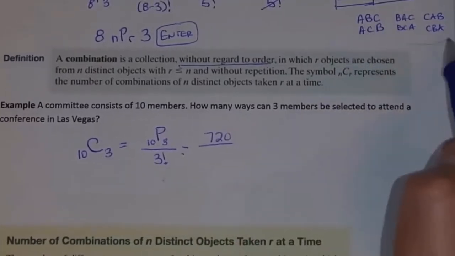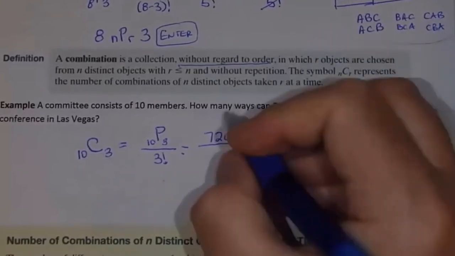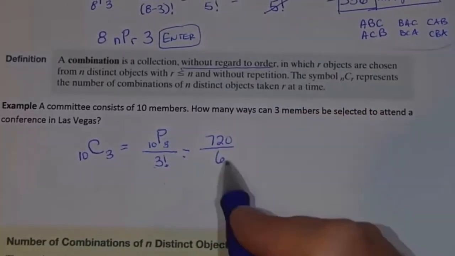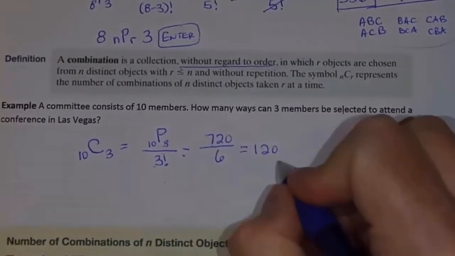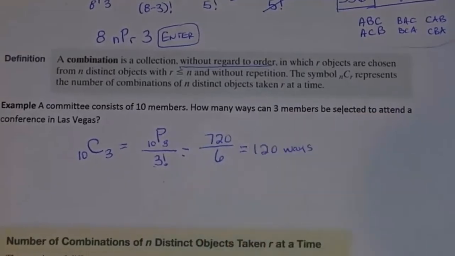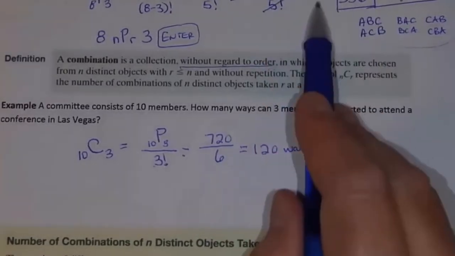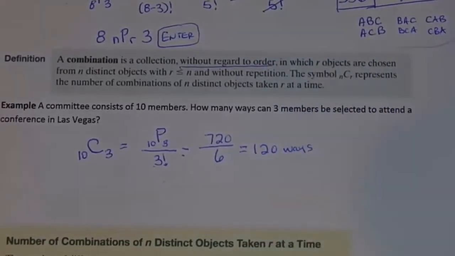These 6 outcomes are all really the same result. So 3 factorial means 3 times 2 times 1, that's 6. If I take 720 and divide by 6, that's 120. There are 120 ways that 3 people could be picked out of the 10 to go to the conference in Vegas. I'm dividing by 6 because for each group of 3, there are 6 arrangements that really result in the same outcome, the same people going.